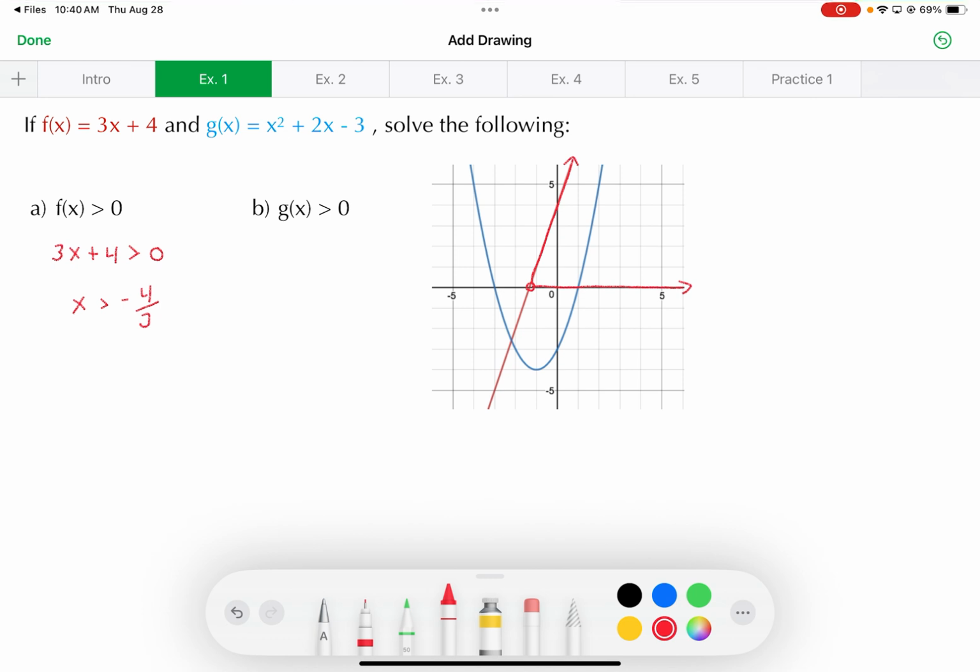Does that make sense? Okay, so f of x is the same thing as y. When I say find f of x greater than 0, I'm saying find the values of x that make the y of this function greater than 0. Well, for the y to be greater than 0, it's got to be above the x-axis, okay?